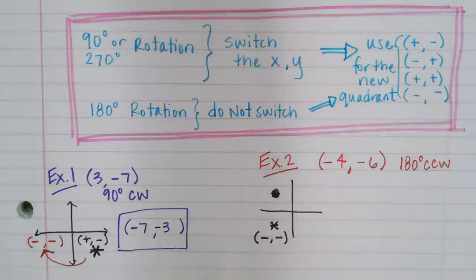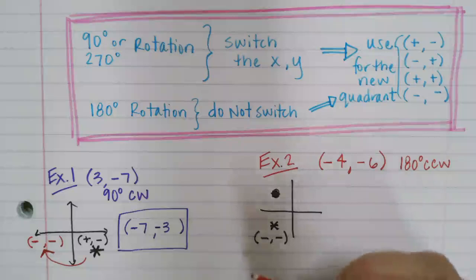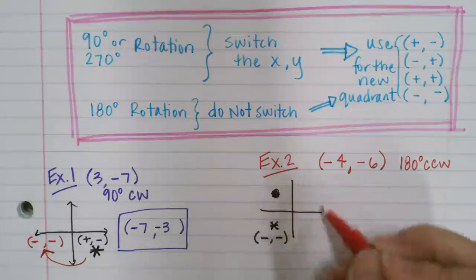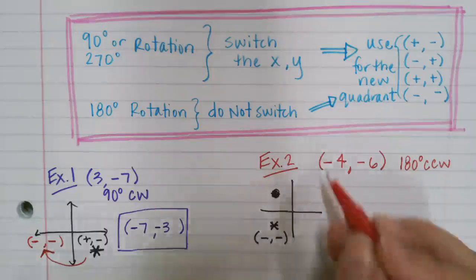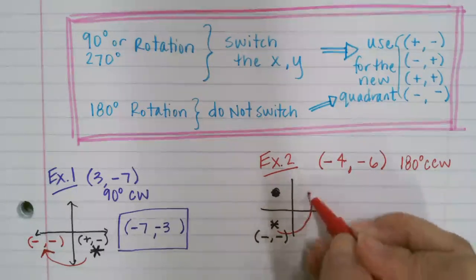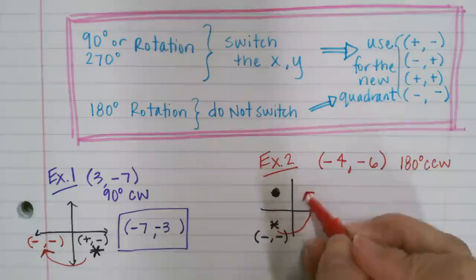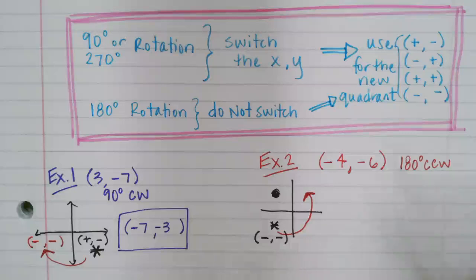All right, so I'm going to go 180 degree rotation. Counterclockwise means the opposite way the clock goes. So I'm going to go this direction. 180 degrees means I need to go 2 quadrants over. So I'm going to go 1, 2 quadrants over. So this is where my new point is going to be.